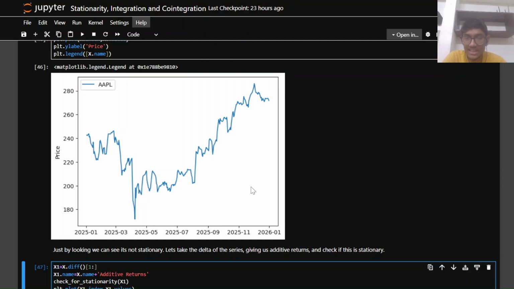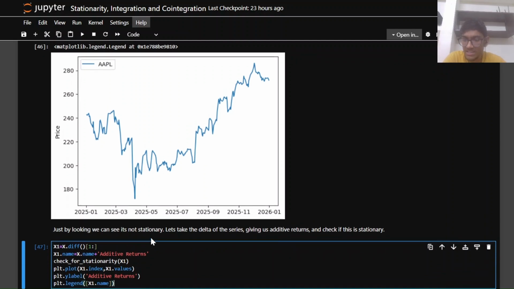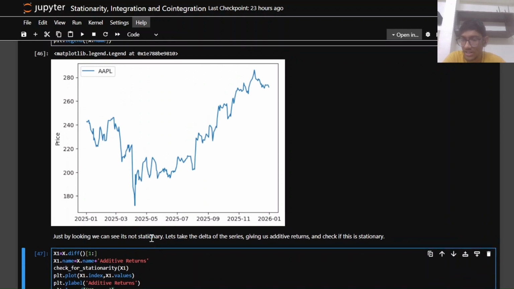Okay, now let's take the delta of this series, which would give us the additive returns, and check if this delta is stationary or not. So we'll just write this line of code, x1 equals x.diff(), and take from the second element onwards. We're doing so because the first element of our x1 would just be NA, because this element comes by taking differences of two consecutive elements, and since there is no element before the first one, it would just be NA.